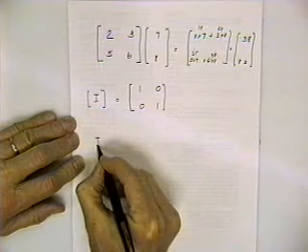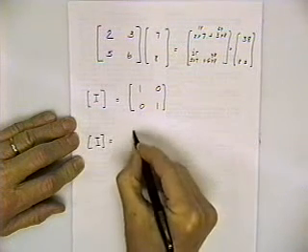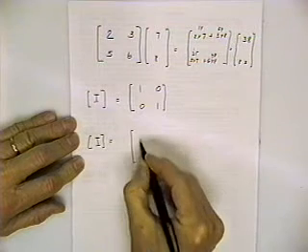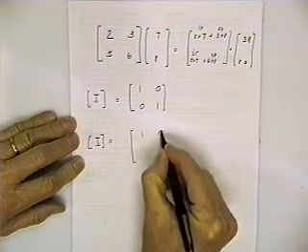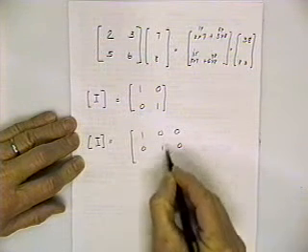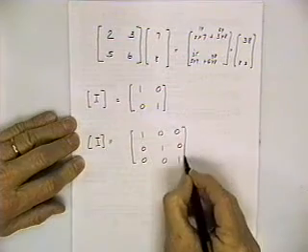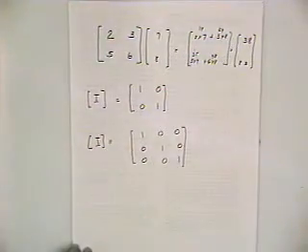Similarly, an identity matrix for a 3 by 3 is, make it a little bigger, 1, 0, 0, 0, 1, 0, and 0, 0, 1. Okay? That's the identity matrix for a 3 by 3.